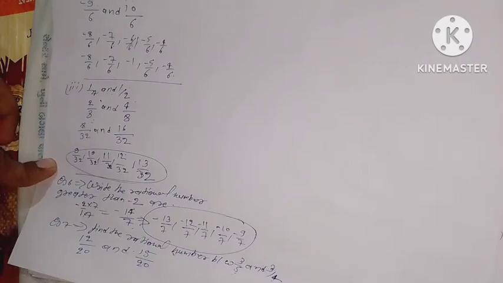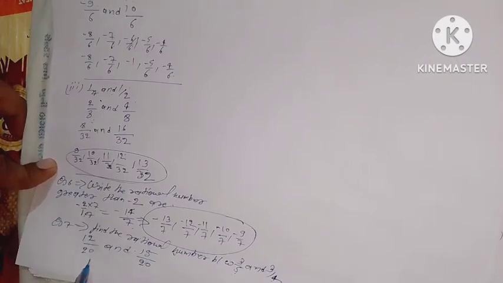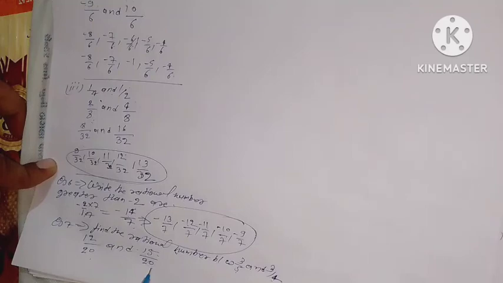But there are not enough rational numbers present between 12/20 and 15/20.